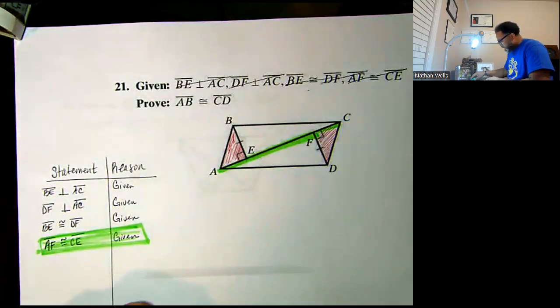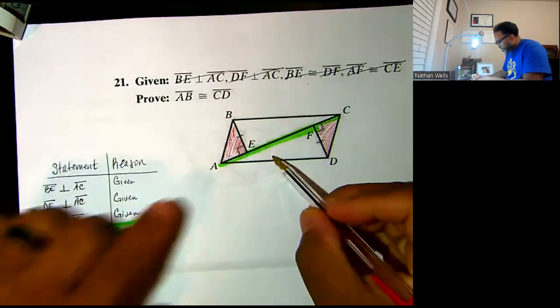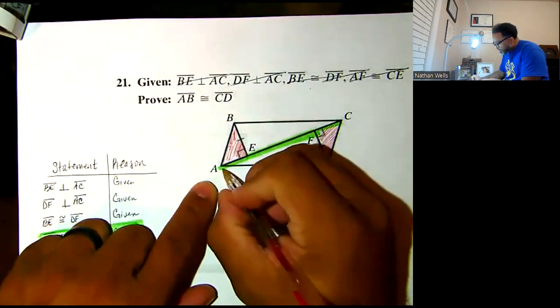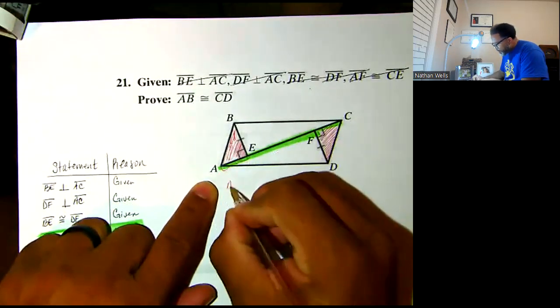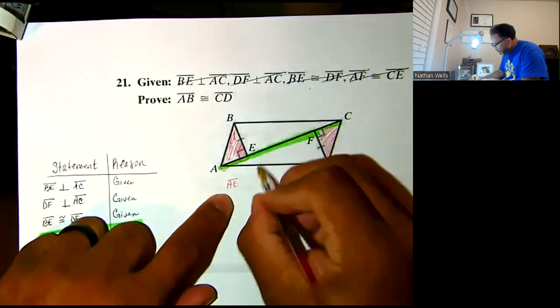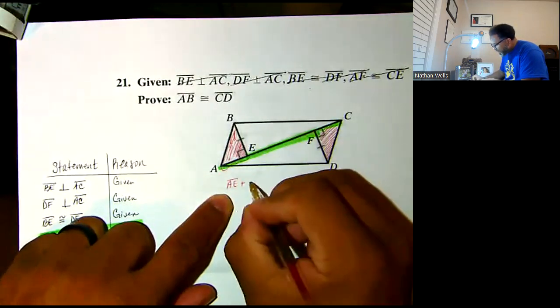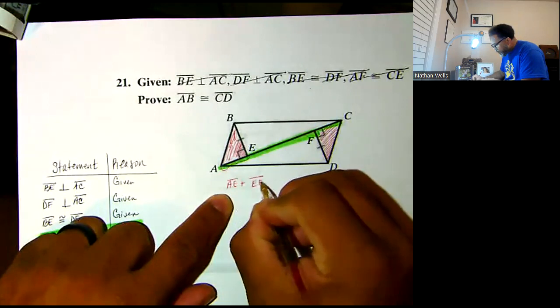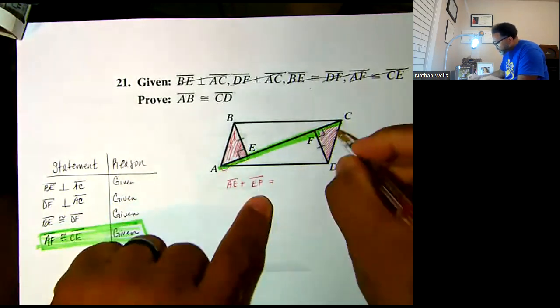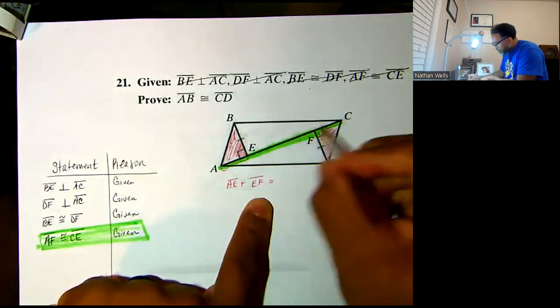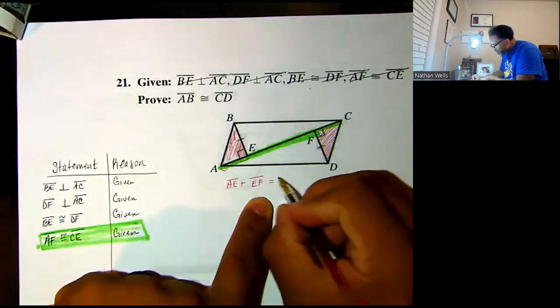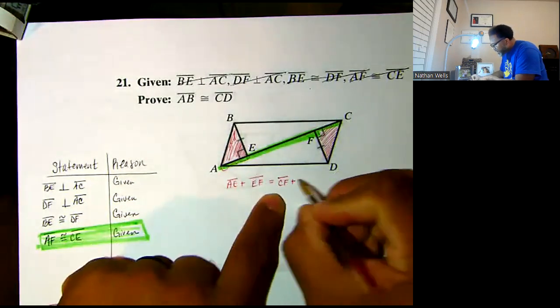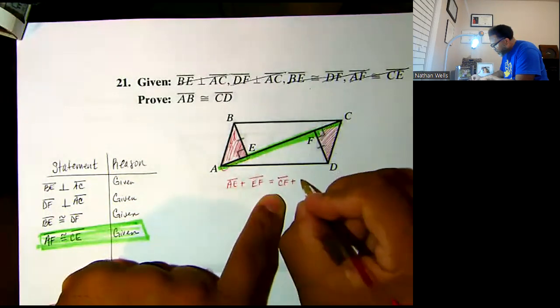Let's take a look at that. If AF is congruent to CE, I also see that segment AE plus segment EF is equal to CE. Well, CE is equal to segment CF plus FE or EF.